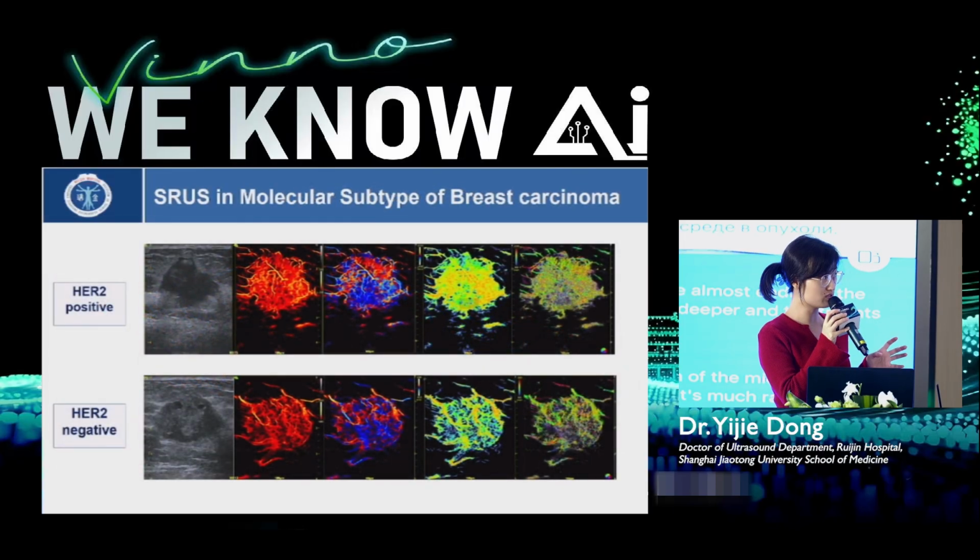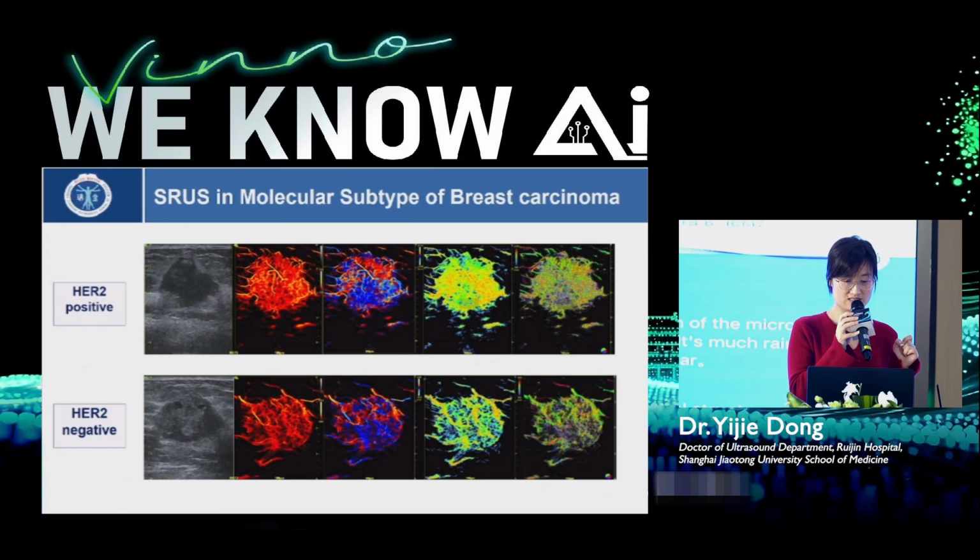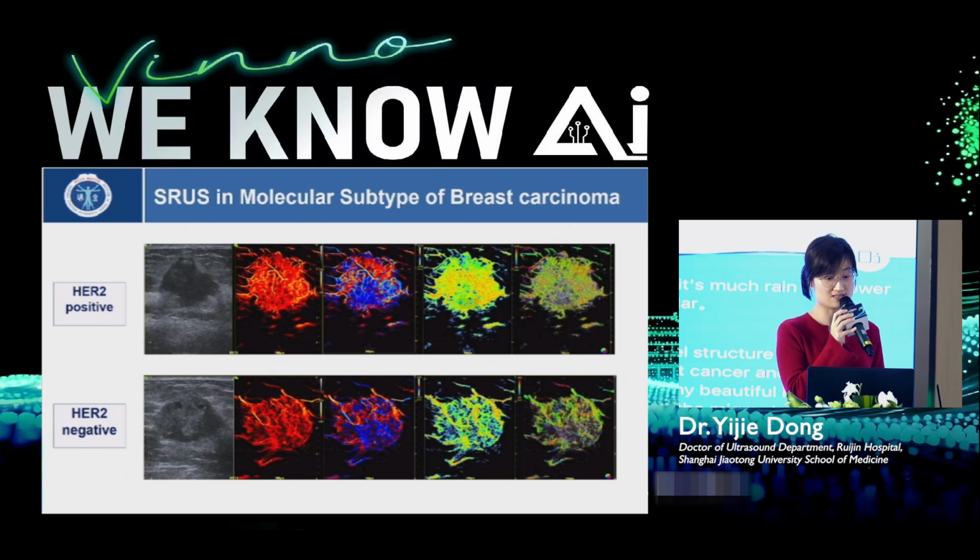We also use this to do some research work. For example, in molecular subtypes of breast carcinomas, we try to find if there are any differences between HER2 positive and HER2 negative breast cancers or triple negative breast cancers.